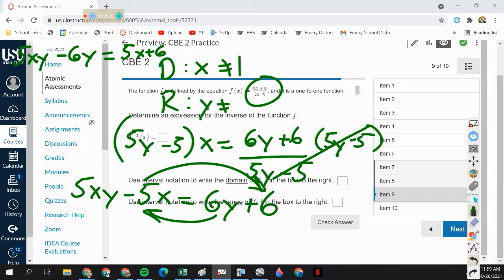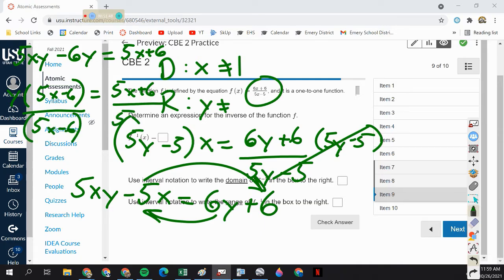If you have two y's on the same side of the equation, just factor out a y. So we get y times 5x minus 6 equals 5x plus 6. Divide by 5x minus 6. So y is 5x minus 6 over 5x plus 6.